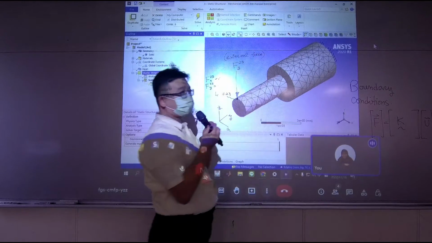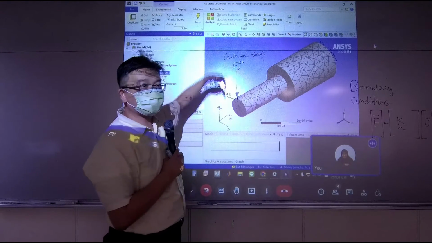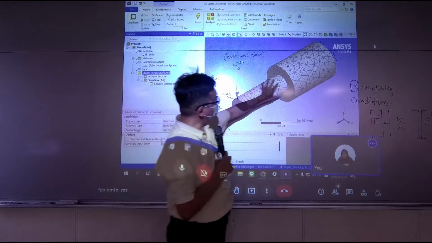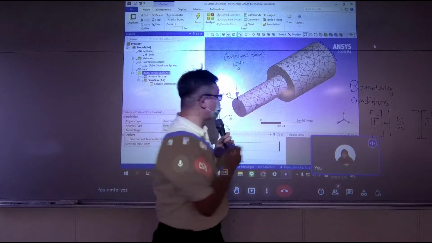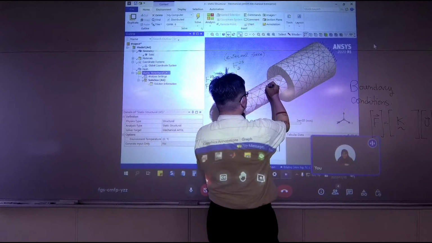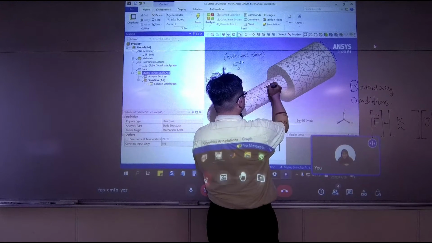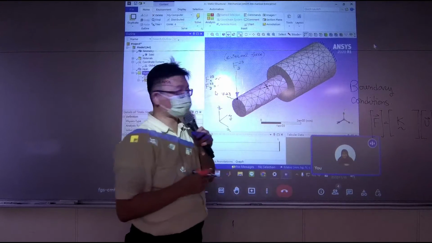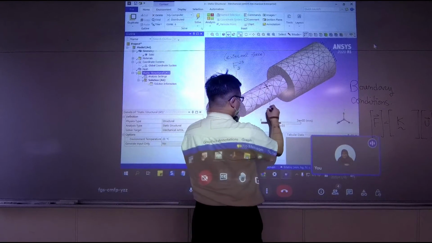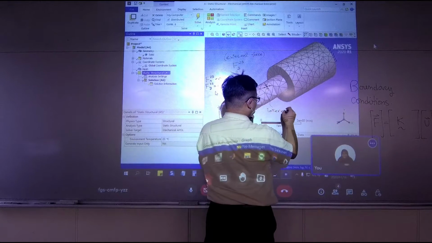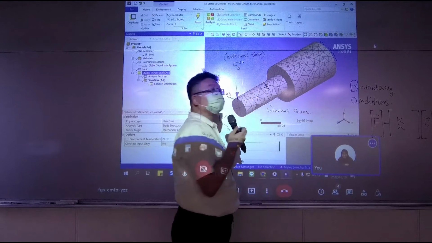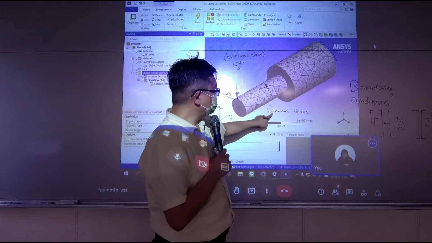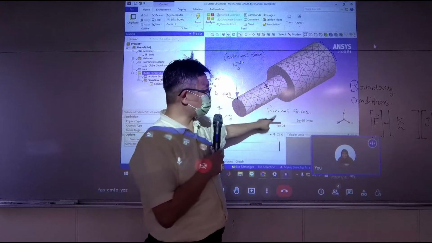Okay? If I apply external force, in between, inside the material, there are internal forces. So over here, some force will be applied to this node. These are internal forces. And we don't know how large those are.